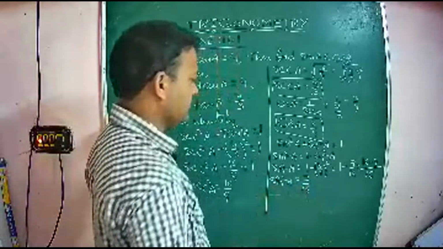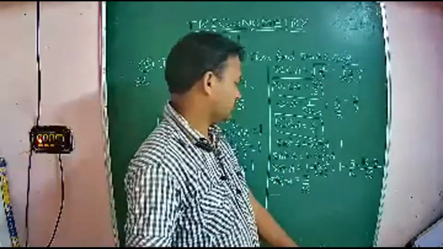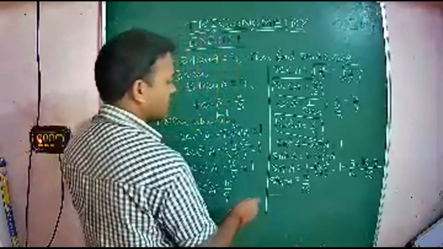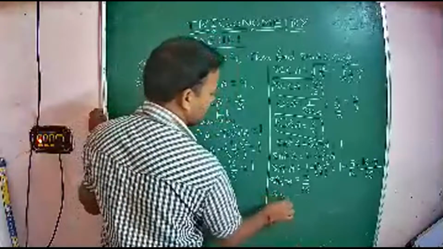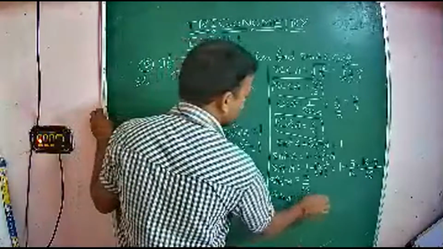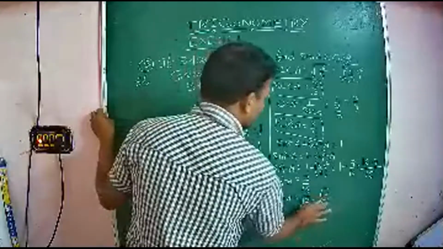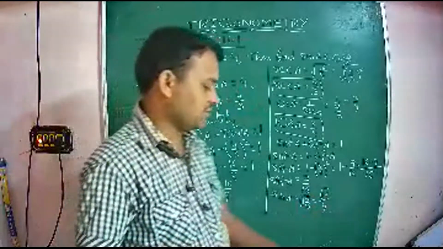Now sin A is equal to the square root of 7 by 16, that is root 7 by 4.